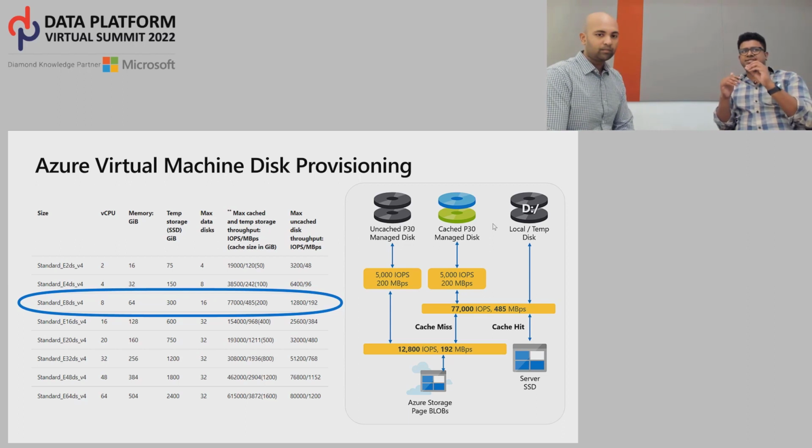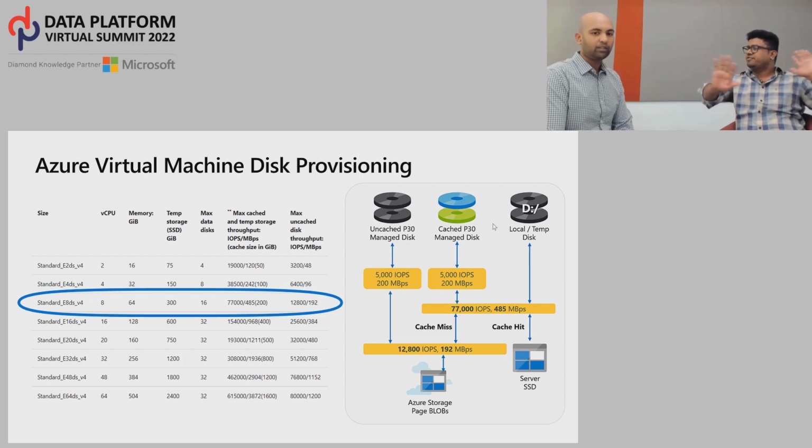And there is max cached and temp storage throughput and max uncached throughput. You should really look at this very keenly. Max cached and temp storage throughput is the throughput you get out of the D drive attached to it, whereas max uncached is the remote storage, which is those 16 data disks that you have.